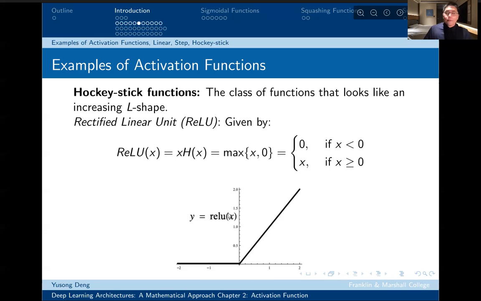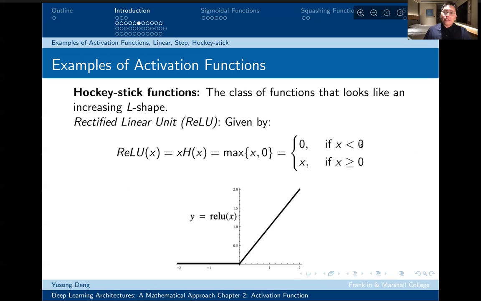The image looks like this: it stays 0 until x gets larger than 0, and has slope 1 after 0. That is what we know for ReLU, a really famous function.